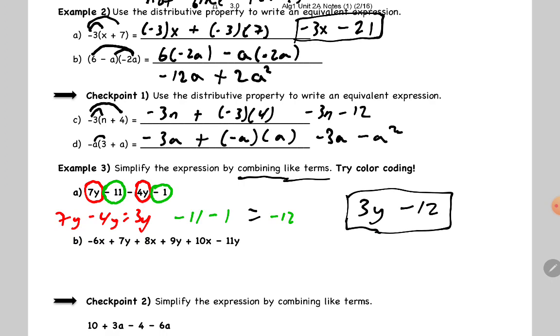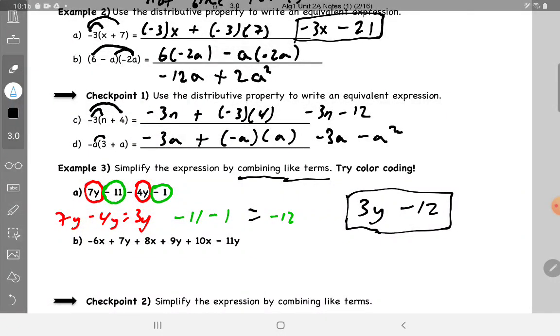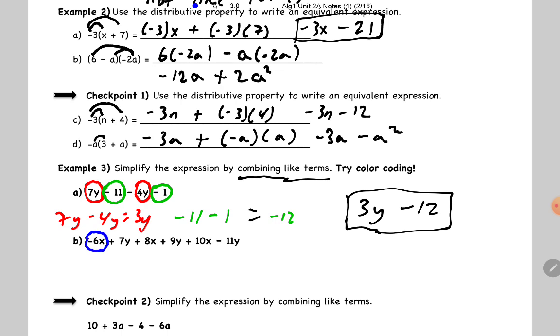All right. So let's move on here. So I have negative 6x.